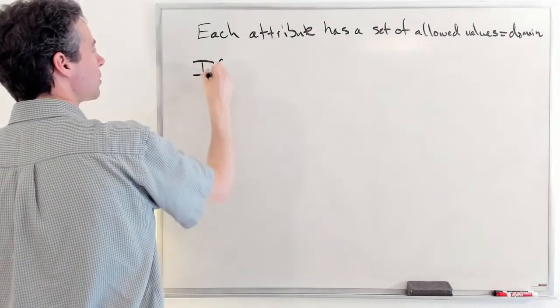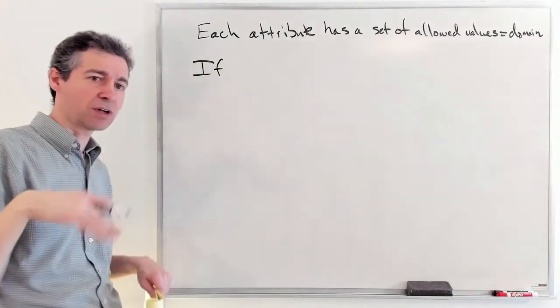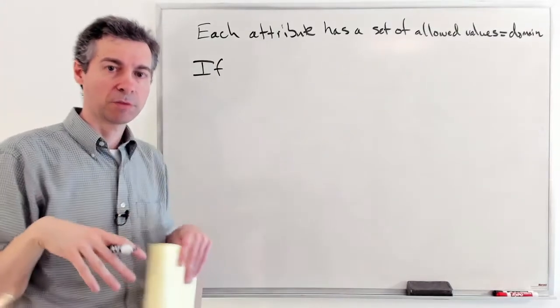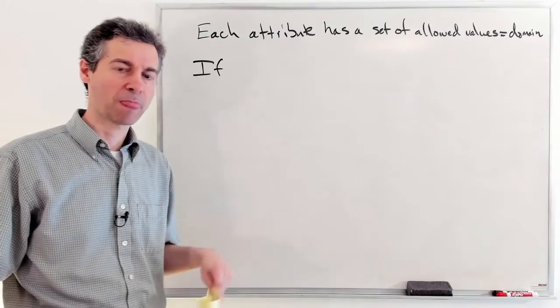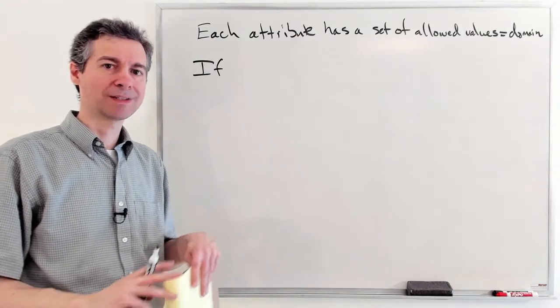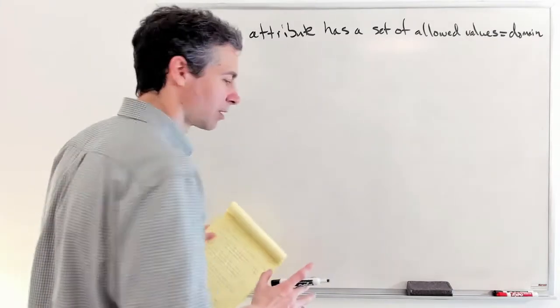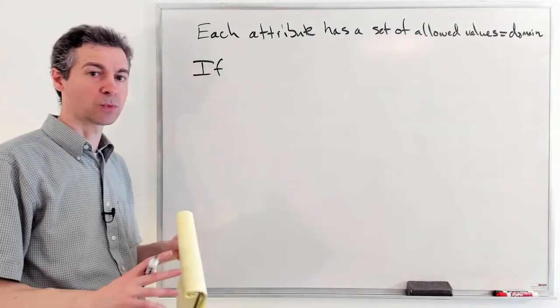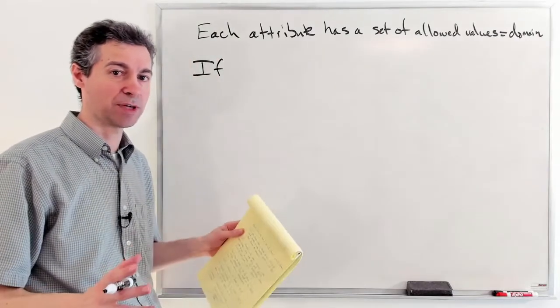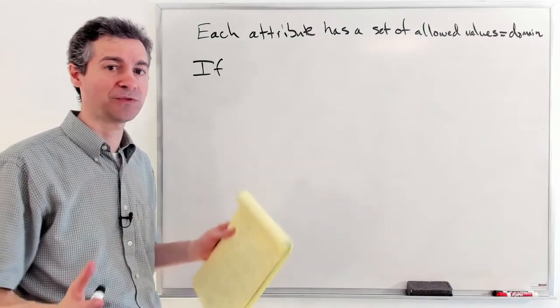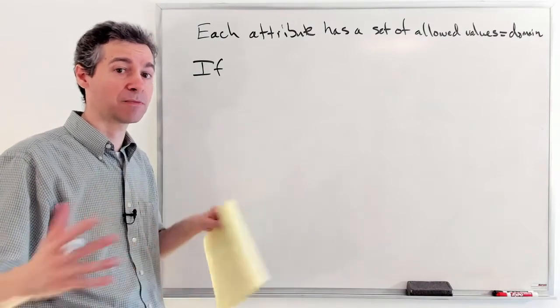Now, in the previous lecture we talked about atomic actions. And now we're going to talk about atomic attributes. We're using the word atomic in a similar fashion, but it's not the same thing.